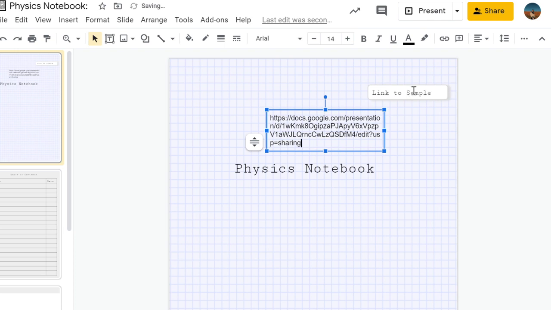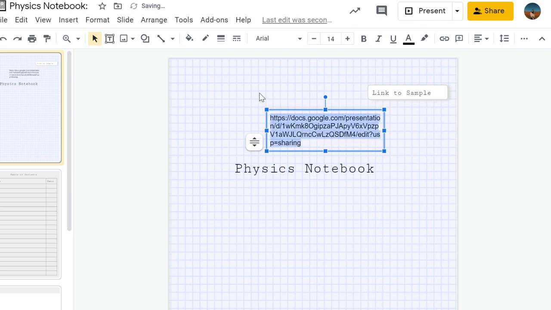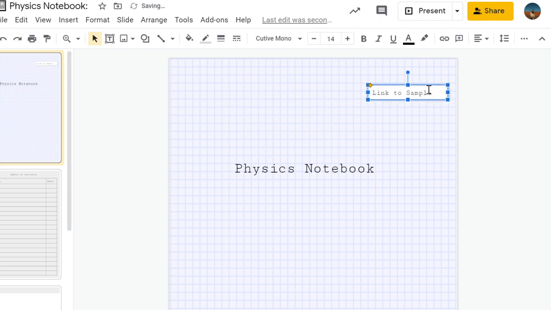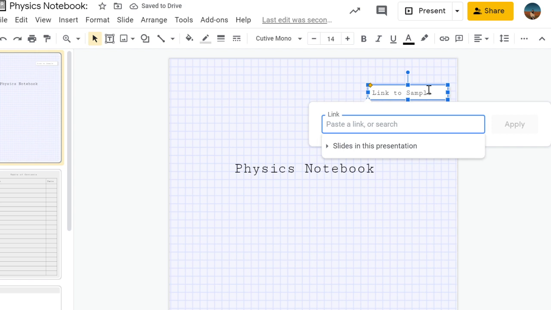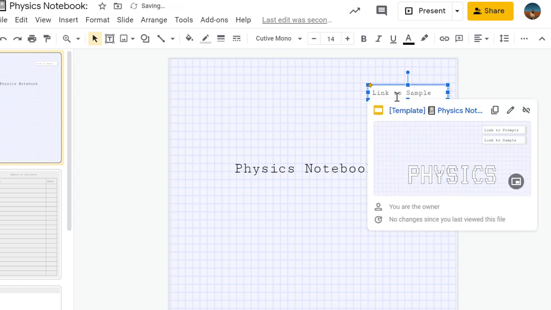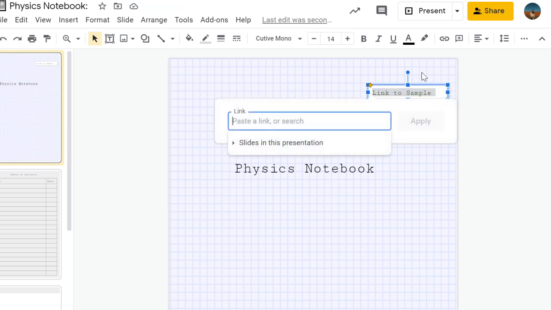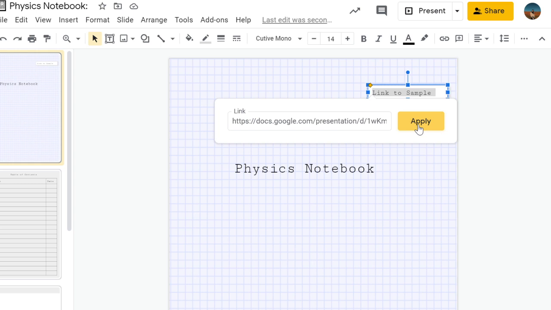If you want it to look like it's actually a button still, what you do is Control K, and it allows you to insert a link and apply that link to the shape there. So I'm going to link it to both the words and the outer shape.